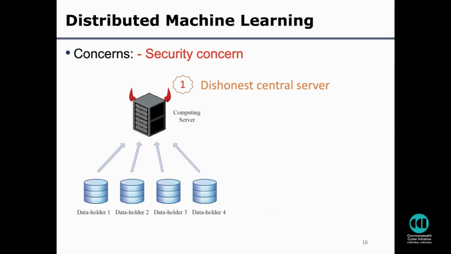So it is vulnerable to attackers, and it can even be malicious itself. For example, the server may be what we call lazy in the computing process for financial incentives and then return unreliable processing results.